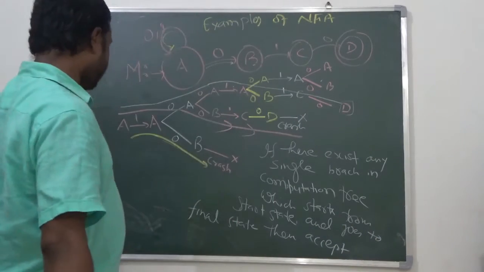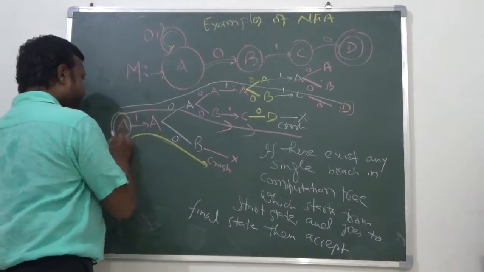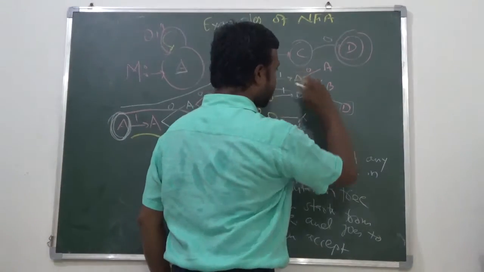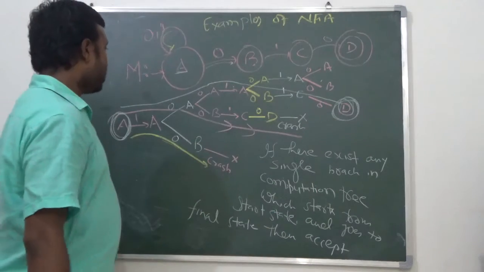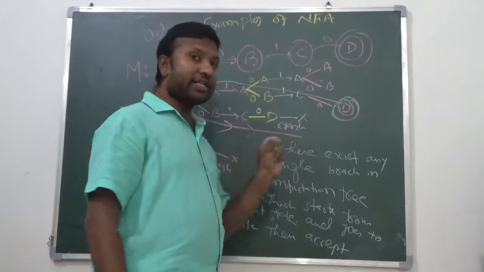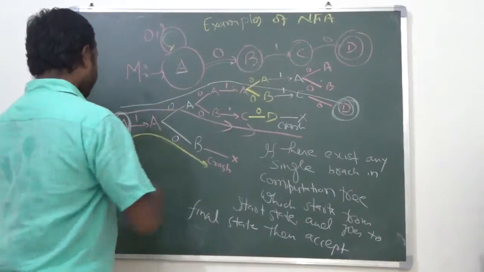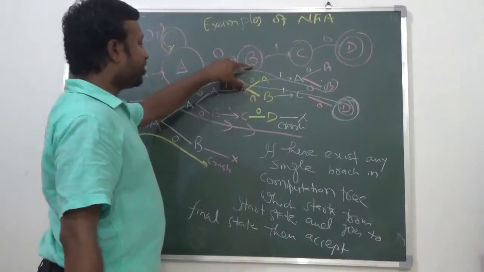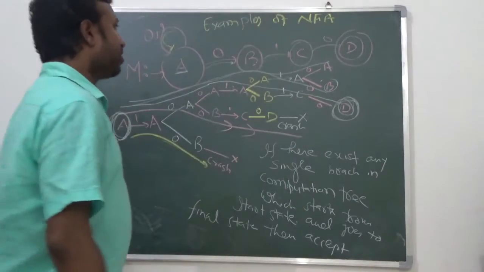Okay, so if in the computational tree we find there is a branch which starts with the start state, what is the start state? A, and after processing the entire string it goes to the final state, that is D, then we say we must accept. But if there is no such branch, we need to check every single branch, right? If we check this branch, what is the final state? B. B is non-final. If we check this branch, what is the final state?